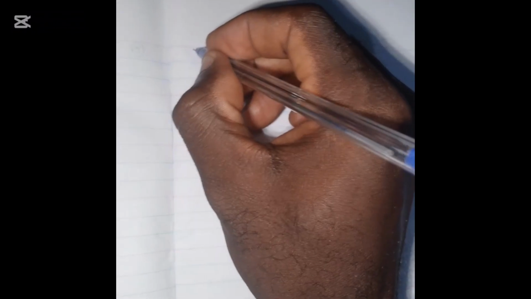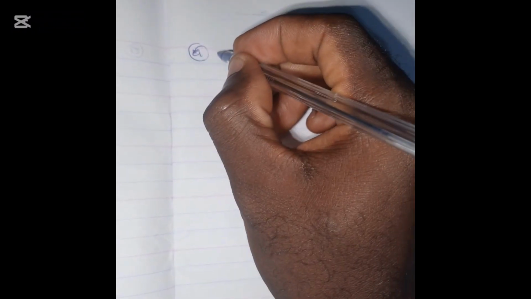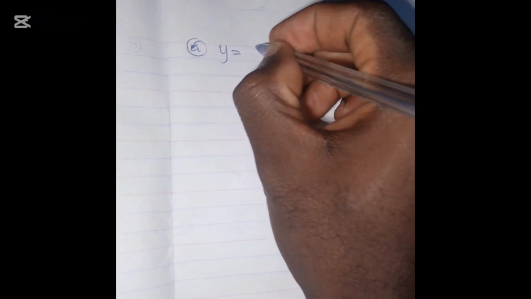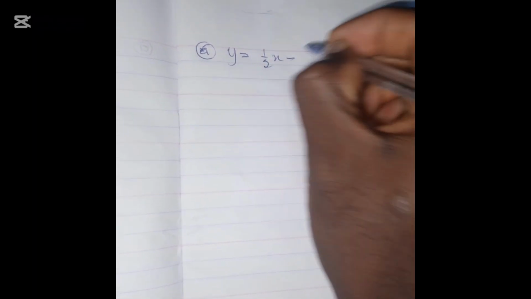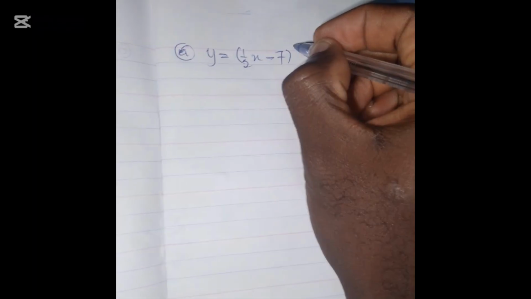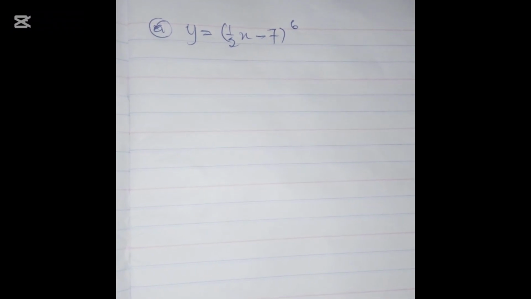So with A, we have y is equal to (half x minus 7) all raised to the power 6. Now with this, we want to go through the normal process of the chain rule, and then after that we also talk about the shortcut.